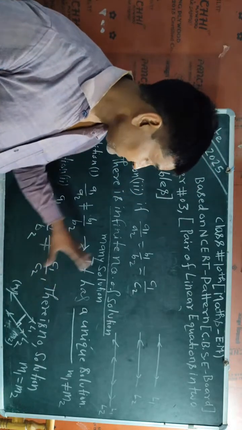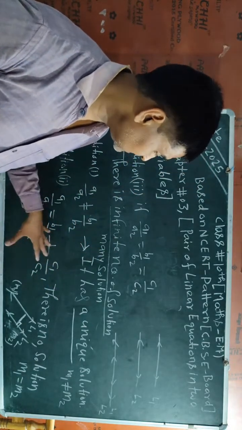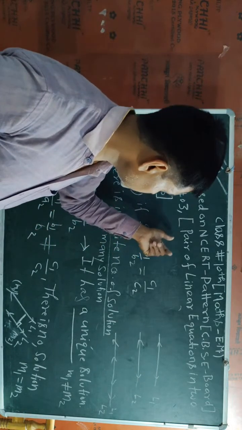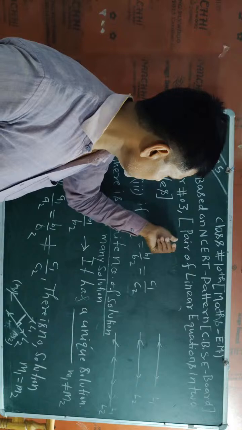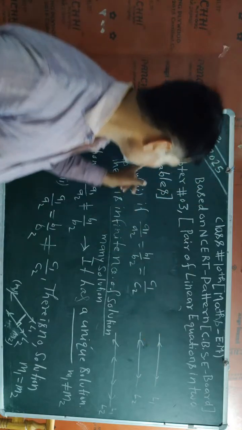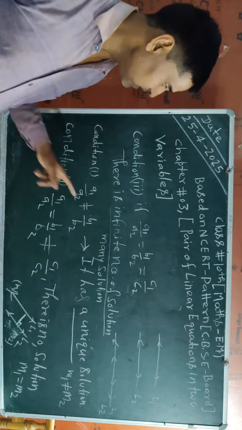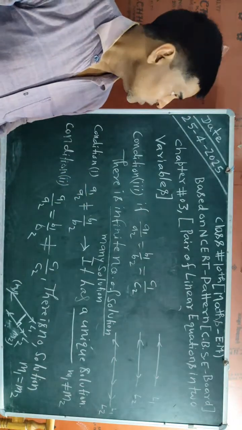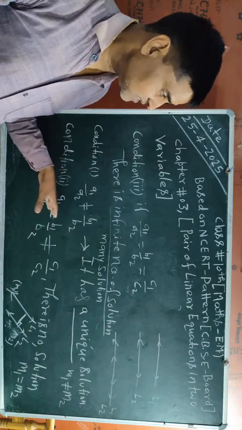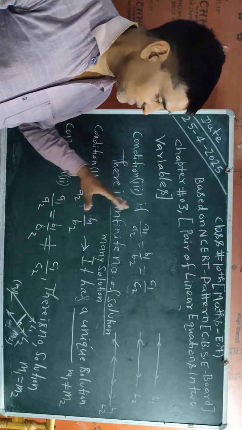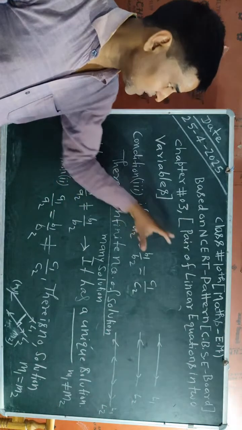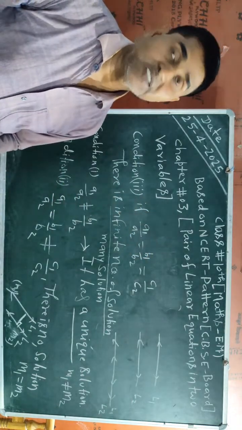So these are the conditions and these are the concepts which are available in the chapter named pair of linear equations in two variables. Here one variable is x and other variable is y. With these concepts we will solve all the questions which are related to pair of linear equations in two variables.